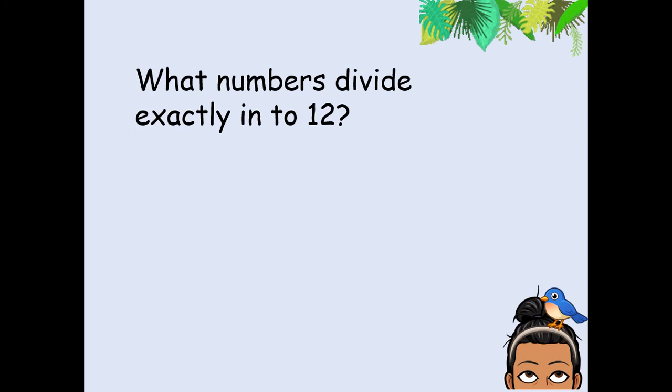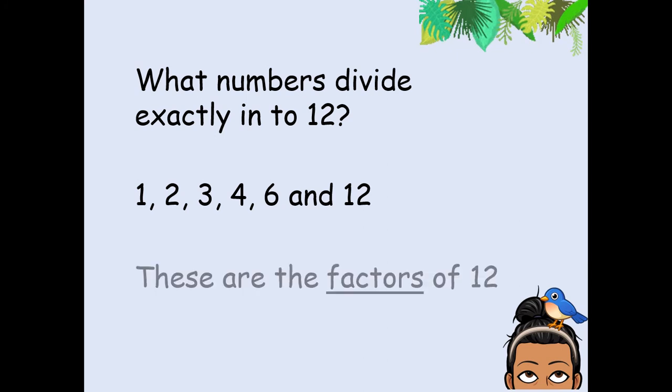What's the first number that comes to mind? 1. 1 goes into 12 without leaving a remainder. You have 2, 3, 4, 6, and 12 itself. Those are the factors of 12.